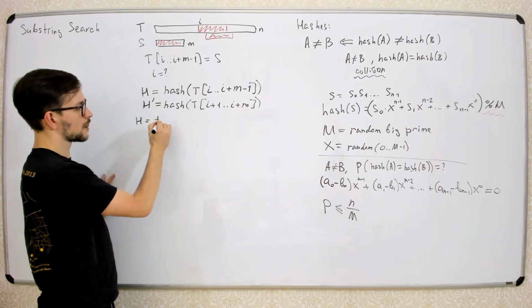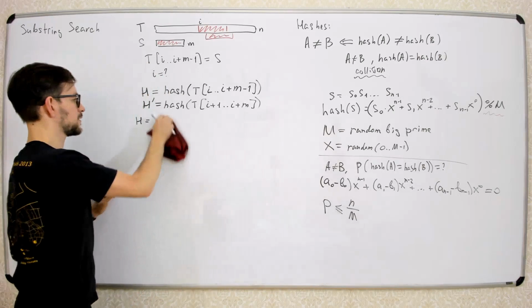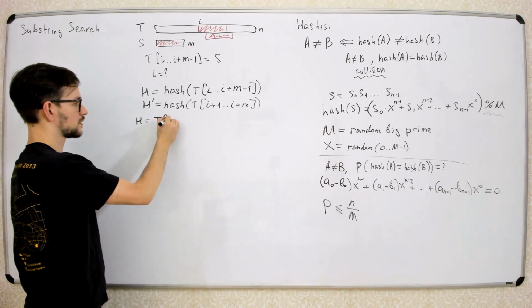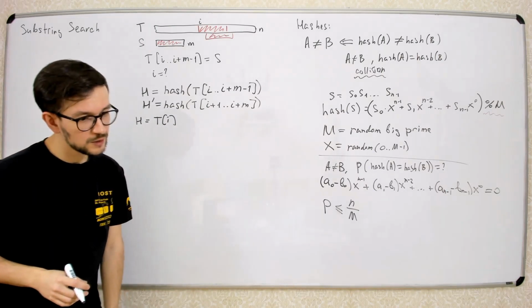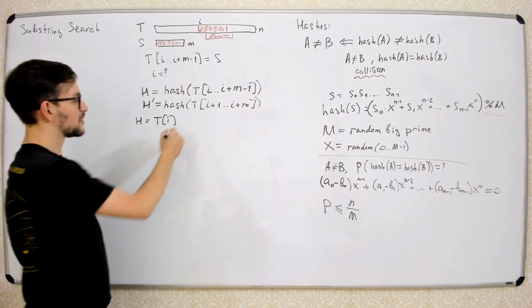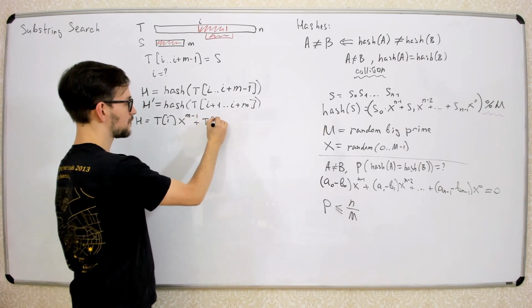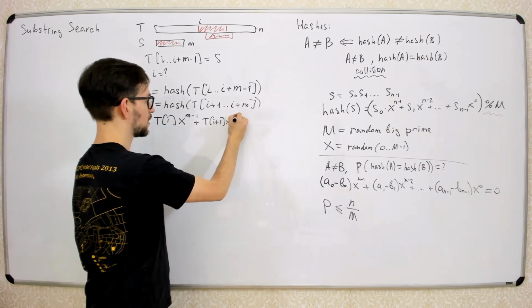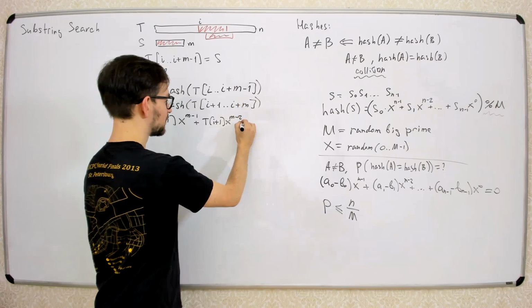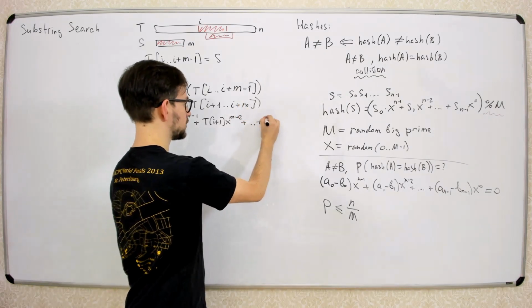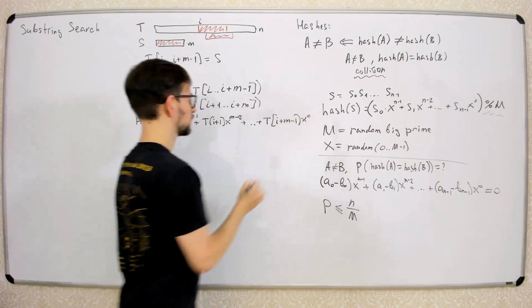We take t_i multiplied by x power m minus 1, plus t_(i+1) x power m minus 2, plus and so on, plus t_(i+m-1) x power 0.